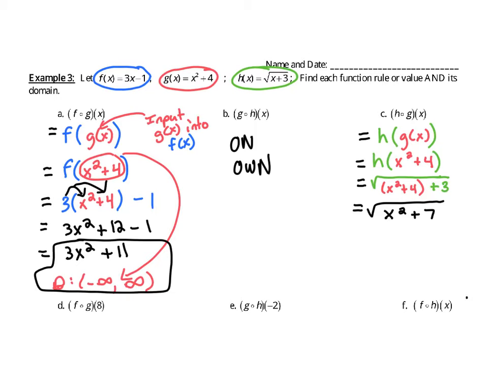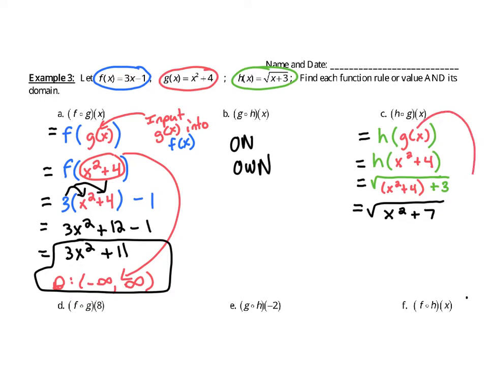Substituting x squared plus 4 in for x into the function h of x results in the square root of x squared plus 4 plus 3. By combining the 4 and the 3, I am left with x squared plus 7 underneath the square root. At this point, we cannot simplify it any further.